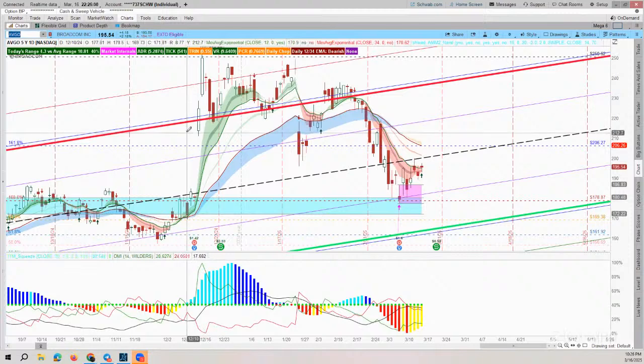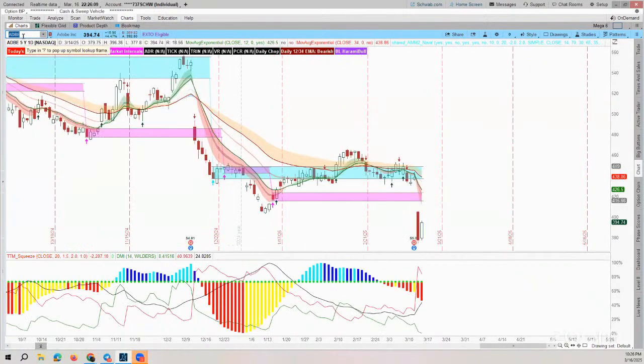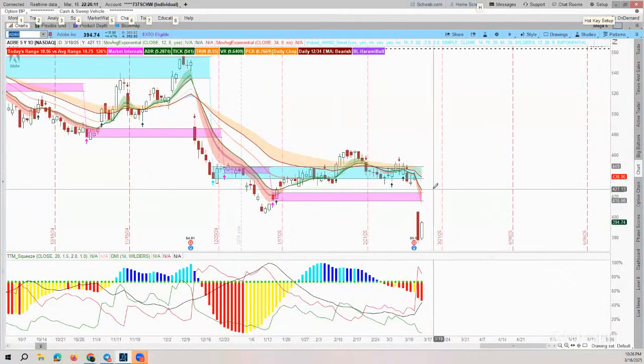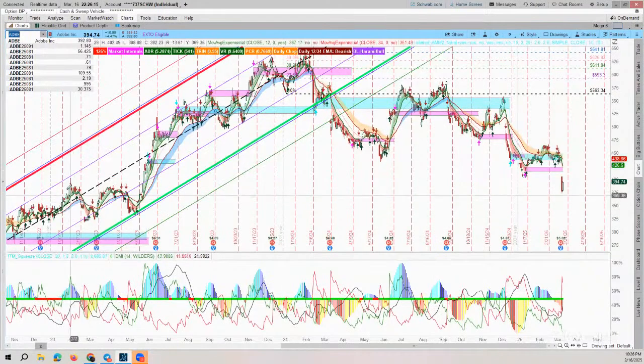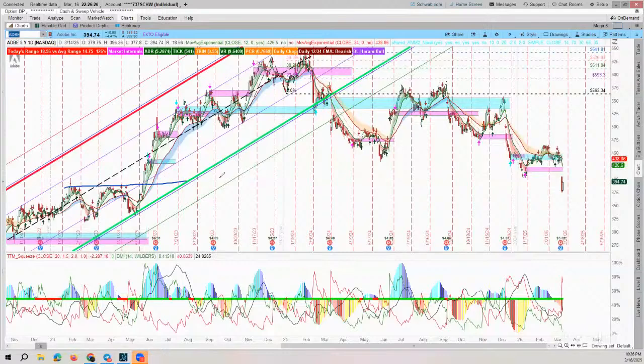And the earnings were fine, but they were not super exuberant. Adobe earnings sucked really bad, and it is going down, and it has come down to the same area. Right here, it formed the base.